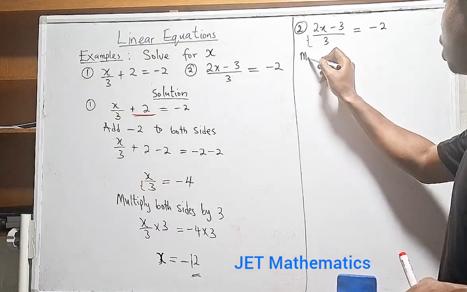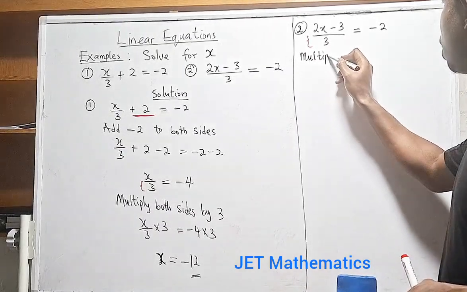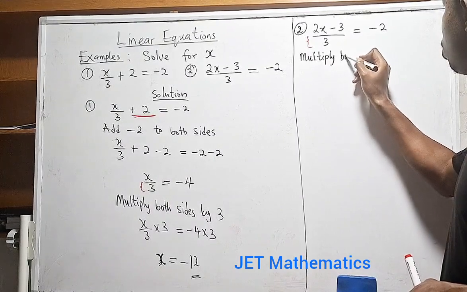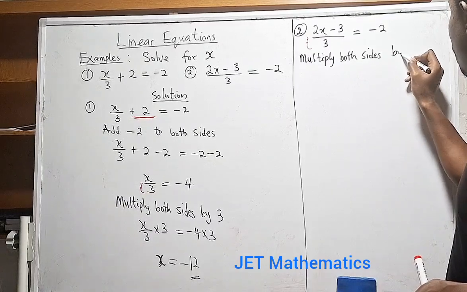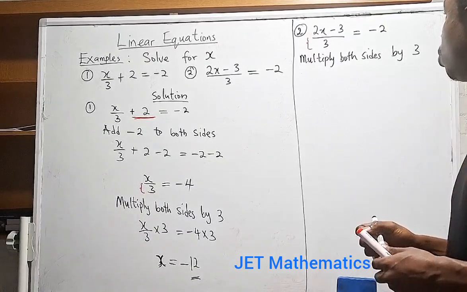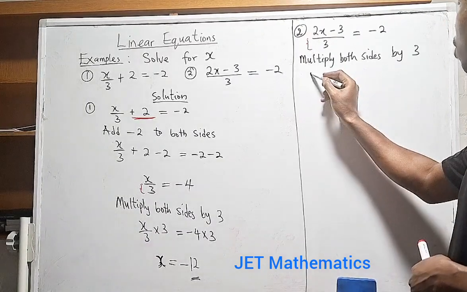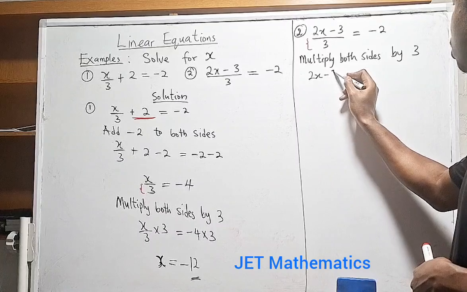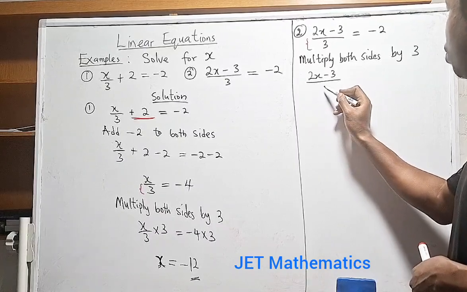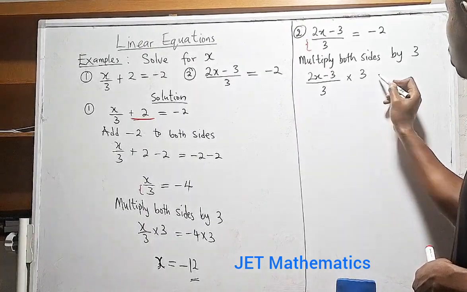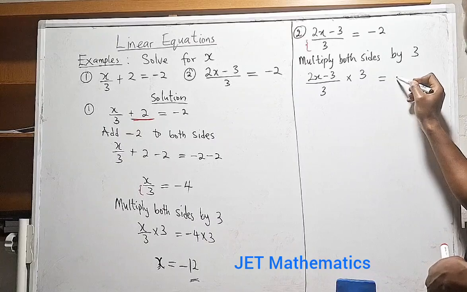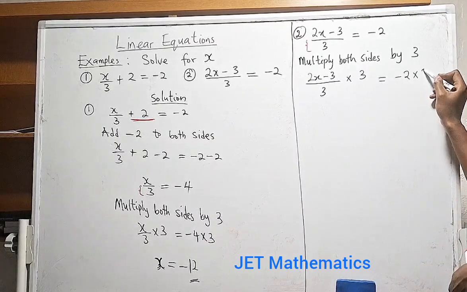So we multiply both sides by 3. So when we multiply both sides by 3, we're going to have 2x minus 3 all over 3 multiplied now by 3, and that is equal to minus 2 times 3.